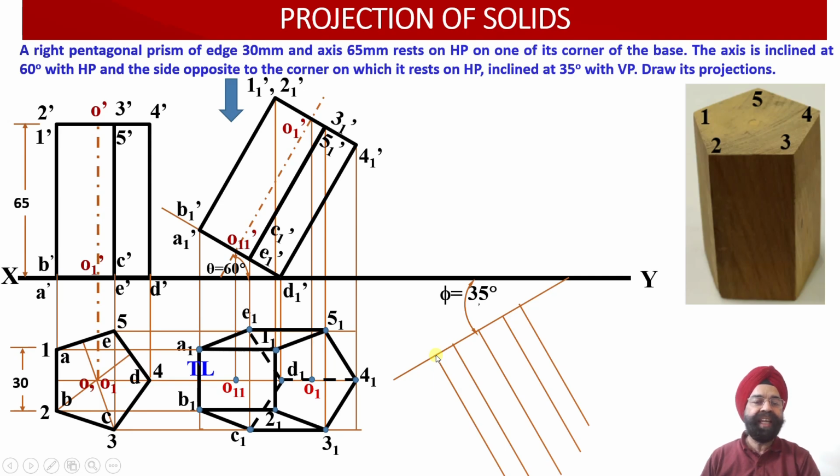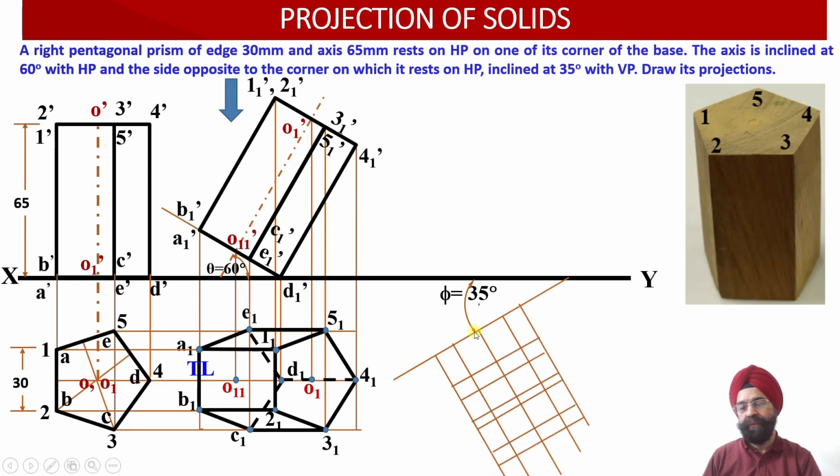Now, using rectilinear distances, I can mark these distances: distance 1 vertical, distance 2 vertical, distance 3 vertical, distance 4 vertical, distance 5 vertical, distance 6 and distance 7 over here. So please check points 1, 2, 3, 4, 5, 6 and 7.